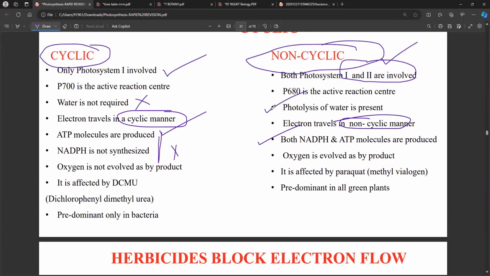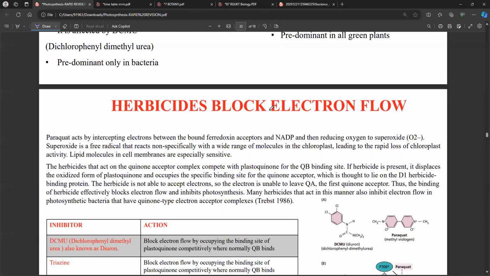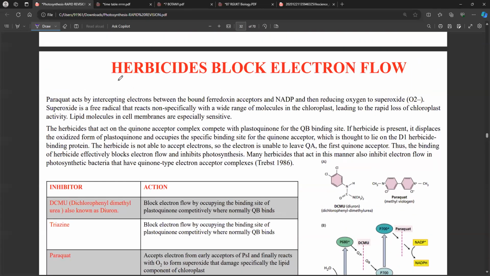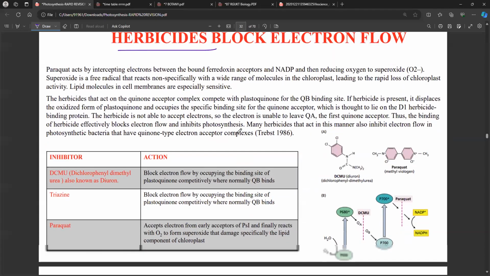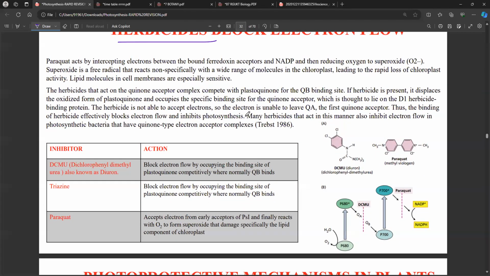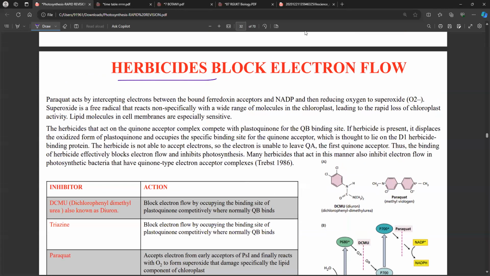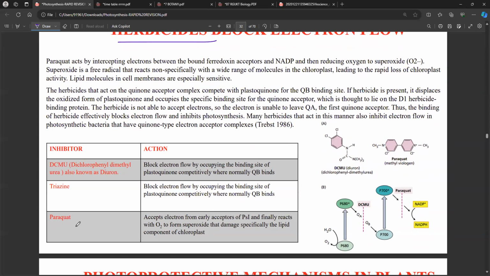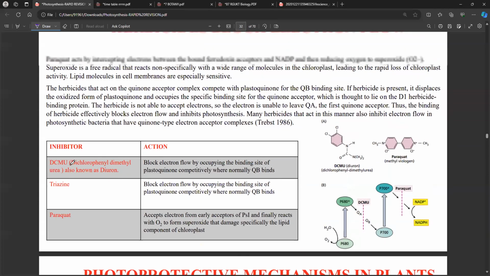So that's why you have to focus on remembering the inhibitors, compulsory for the exam. Never neglect it. Whatever I have mentioned in the slides are very often asked, and beyond that there is no possibility that they'll raise a question. Maybe in the electron transport chain of mitochondria, they may raise more questions. But in case of photosynthesis or thylakoid membrane, these three are enough.